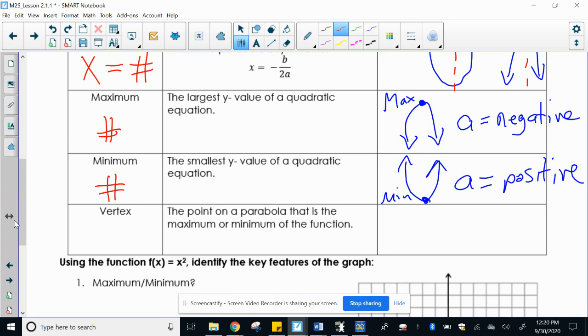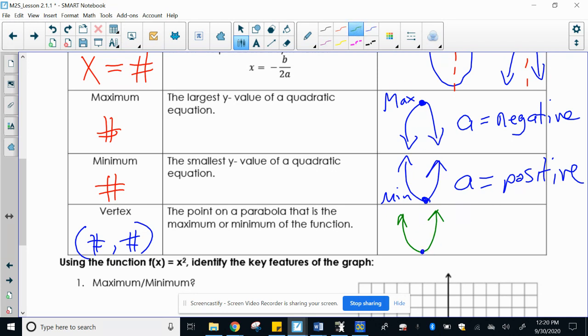That max or min, the point we are looking at, the ordered pair, some number, comma, some number, that's the vertex. That's a very important vocab word with a quadratic. The vertex is that point that is either our max or our min. Going back to those little sketches we just drew, for opening upwards like this, our vertex would be this point right here.